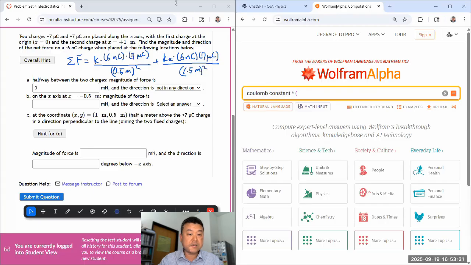I can just say Coulomb constant, and it'll know what that is. And I can put in these nanocoulombs and microcoulombs as they are. 6 nanocoulomb times 7 microcoulomb, and because the charges are the same, I'm factoring out basically this entire thing, times what's in the parentheses after factoring, 1 over 0.5 meter squared.